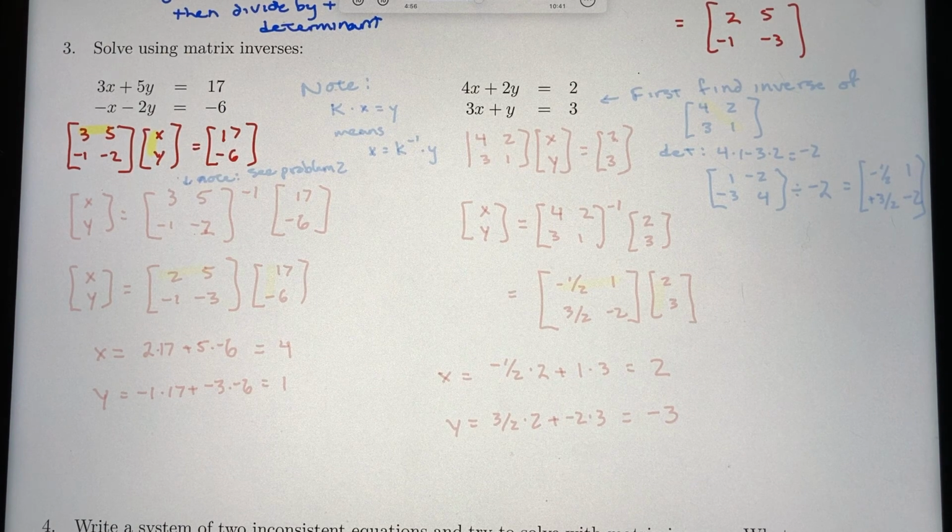Okay, so then the claim is x, y is... I need to get rid of this matrix on the left. So another little note in color.